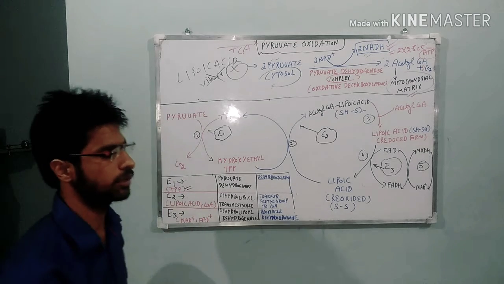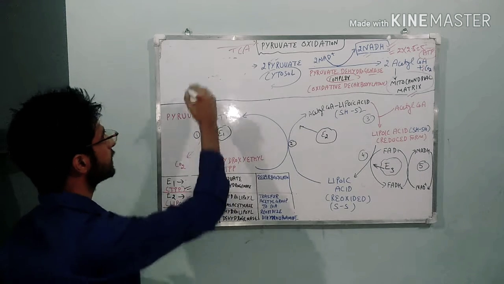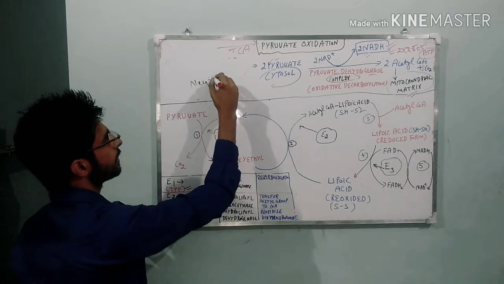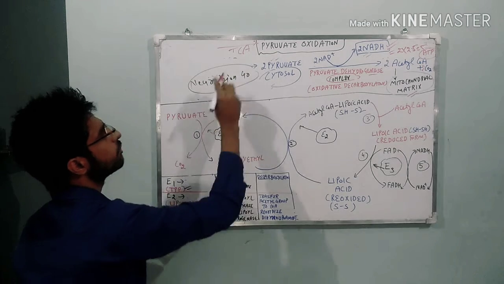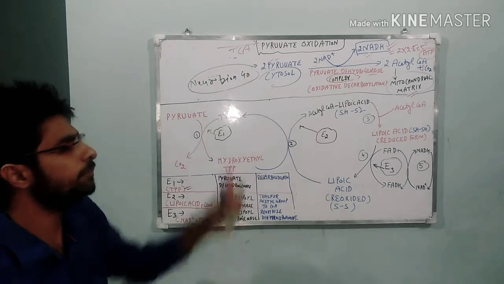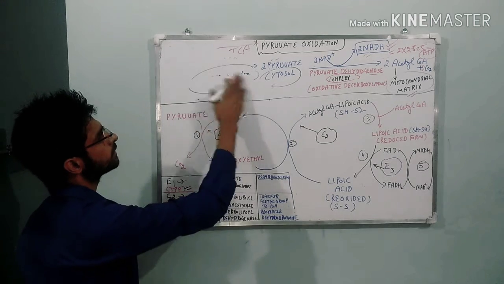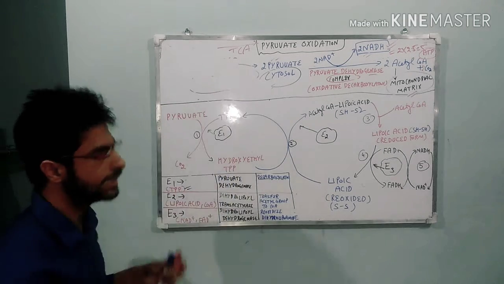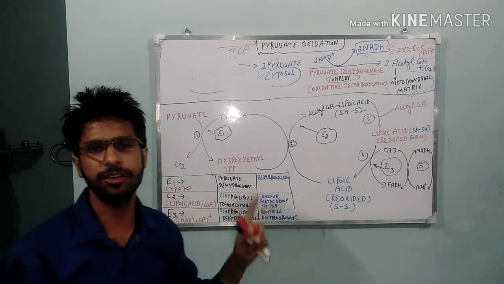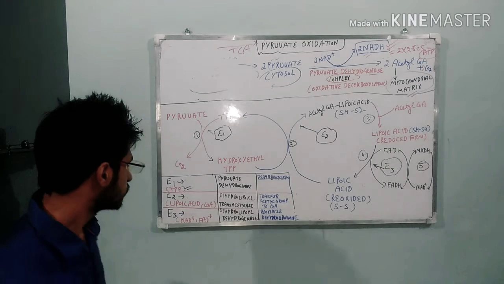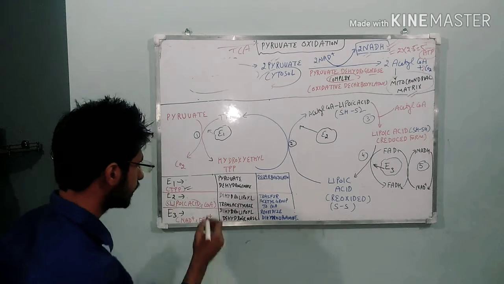For example, I remember a brand name, Neurobion 40. Generally you see the ad on TV; it's a vitamin B complex formulation. Many syrups also come like this, and in these preparations lipoic acid is included with the vitamin B coenzymes, though it is not a vitamin coenzyme.